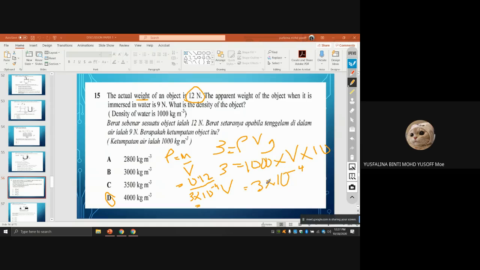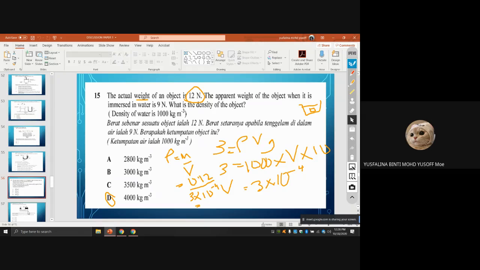So you get V is 3 times 10 to the power of negative 4. So the volume of the object we can find by using the buoyant force formula. So you get the answer D. Alright, the next one.